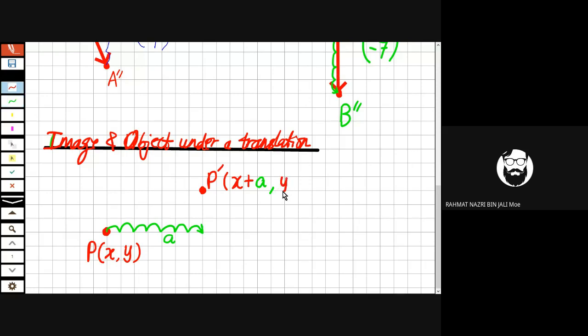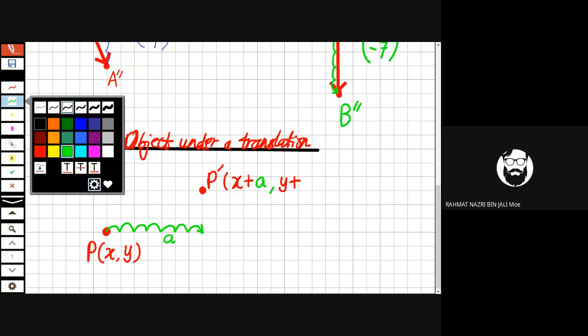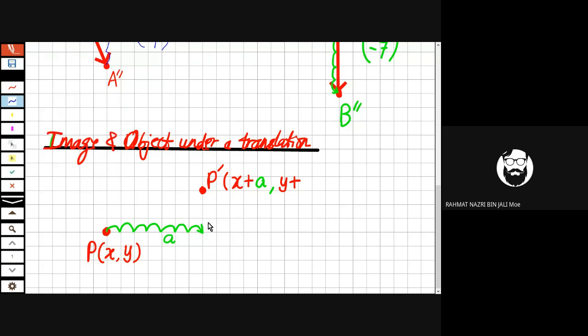Meanwhile, the y coordinate for the image will plus with the movement to the upward. 1, 2, 3.